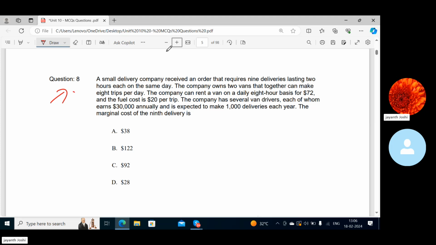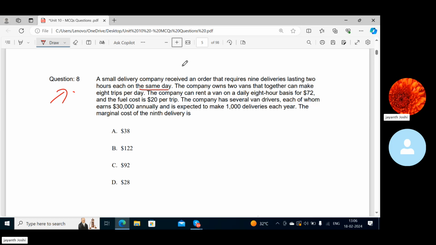A small delivery company received an order that requires 9 deliveries lasting 2 hours each on the same day. So each delivery will take 2 hours on the same day.